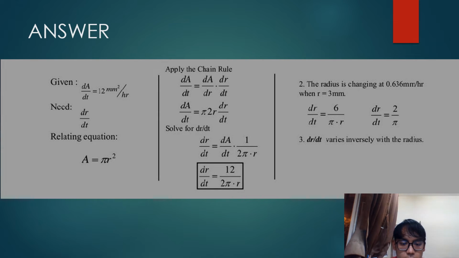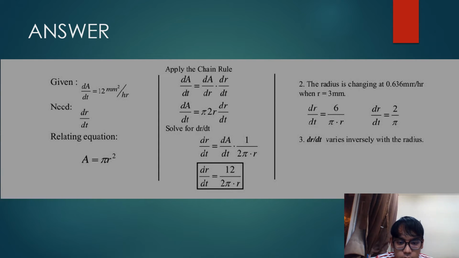We have dA over dt as 12 millimeters square per hour, and dr over dt is what we want to find. For a circular area, we know the relevant equation is A equals pi r square. If we differentiate A equals pi r square, we get dA over dr is equal to 2 pi r. By applying the chain rule, dA over dt is equal to dA over dr times dr over dt.